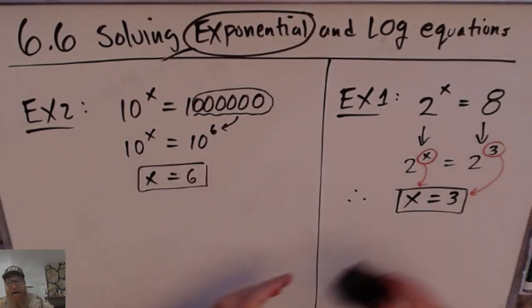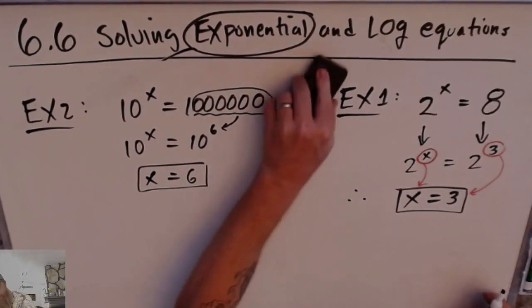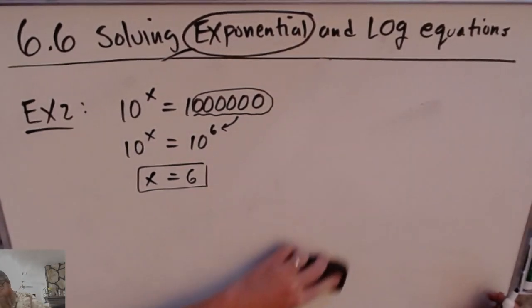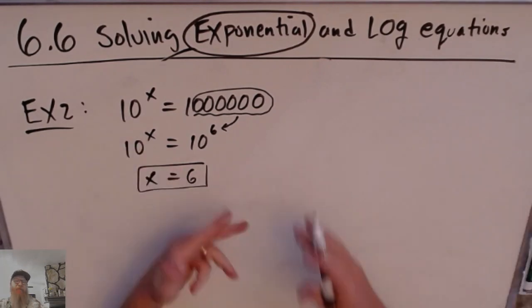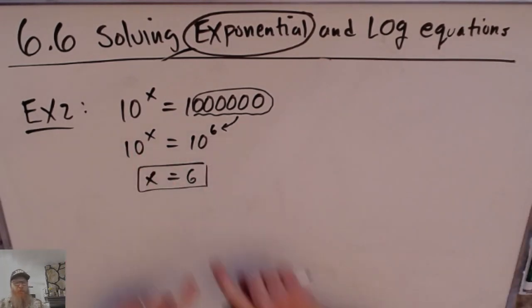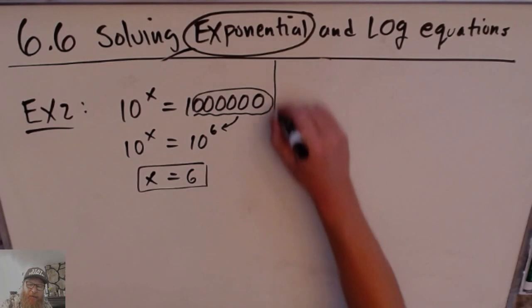Sometimes we disguise the base so that it's not so obvious that the two sides of the equation have the same base.